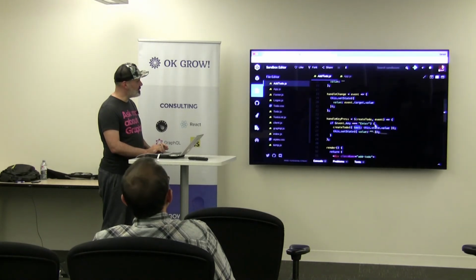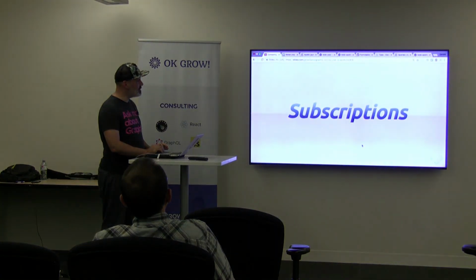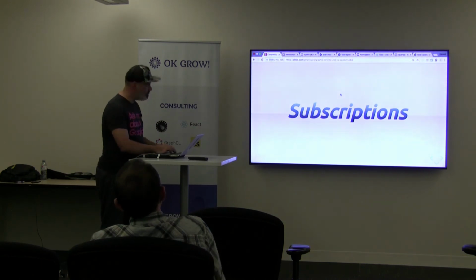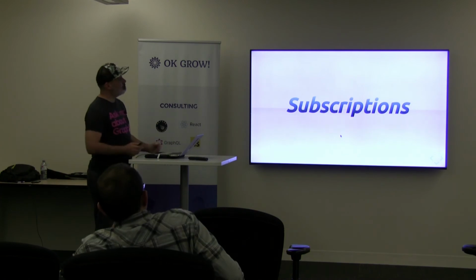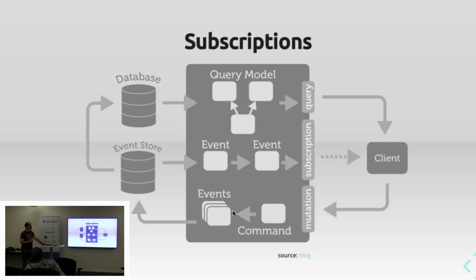How you get this in GraphQL is quite easy. That works using a slightly different architecture. Now, instead of using the query or the mutation, we are using the subscription, which is in the middle. Subscriptions allow the clients to subscribe to changes on the server.